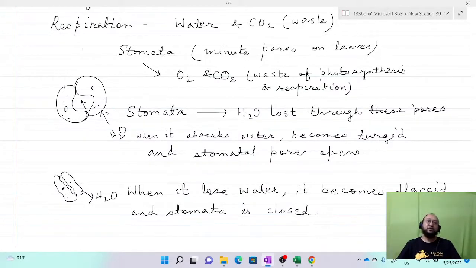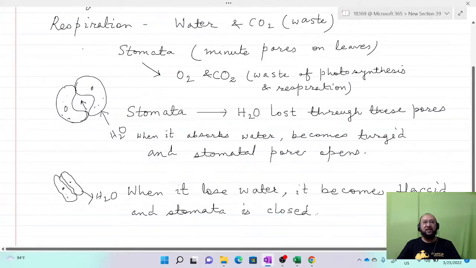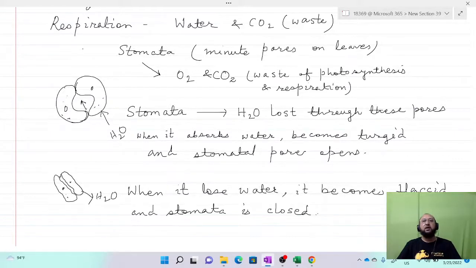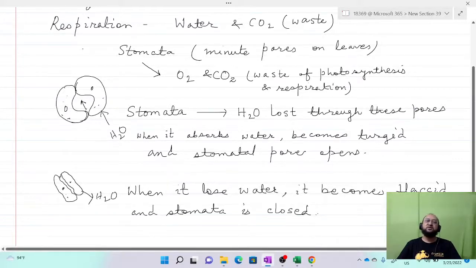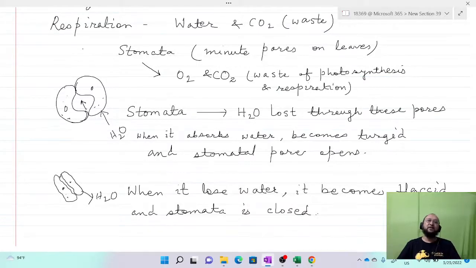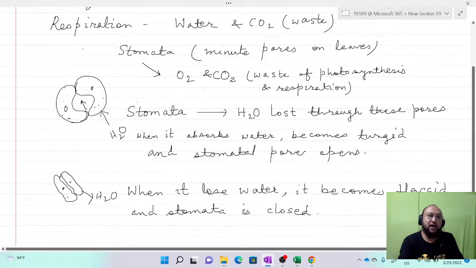Sometimes it needs to be closed when there is no requirement, to prevent the loss of some gas or water. And when there is a requirement of loss of water, or water must be lost through these pores, the stomata opens. When it is absorbing water, the bean-shaped cells are called guard cells.